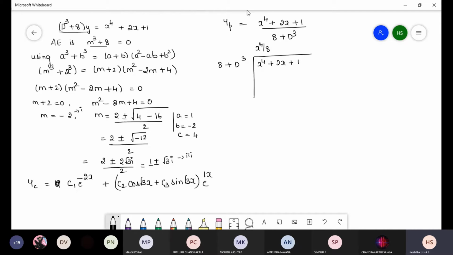So 8 will get cancelled, remaining will be x power 4 plus, here the triple differentiation of x power 4 divided by 8. So I write here first differentiation, that is d square into differentiation of x power 4, which is 4 into x cube divided by 8. 4 ones are 4, 4 twos are.